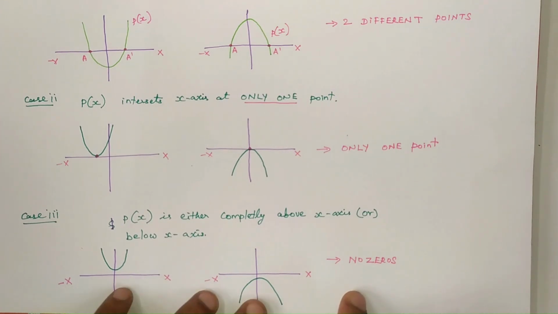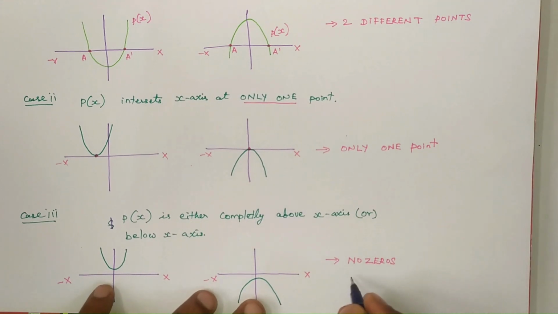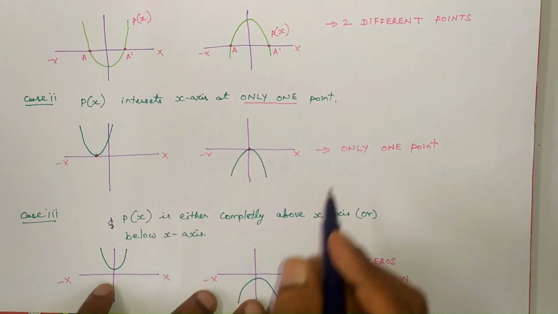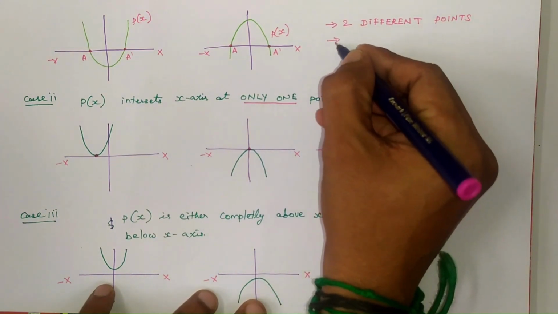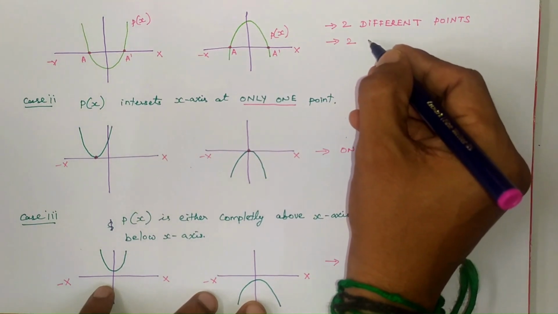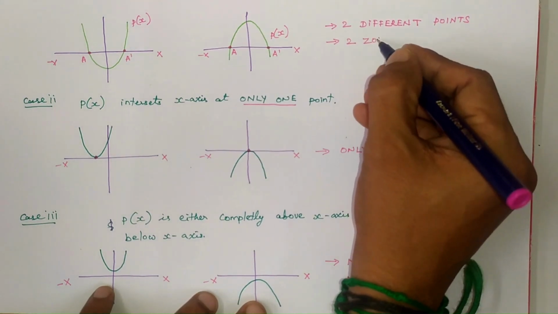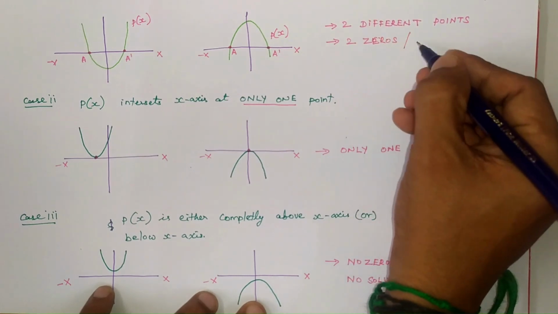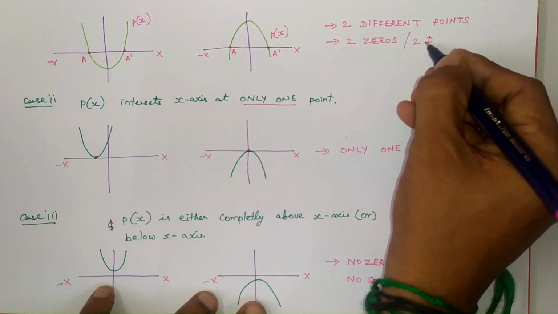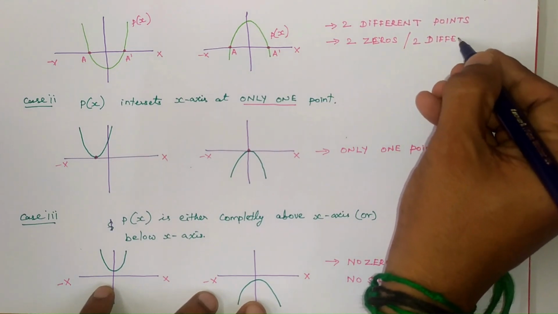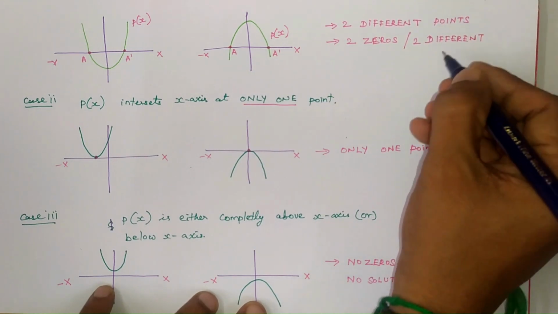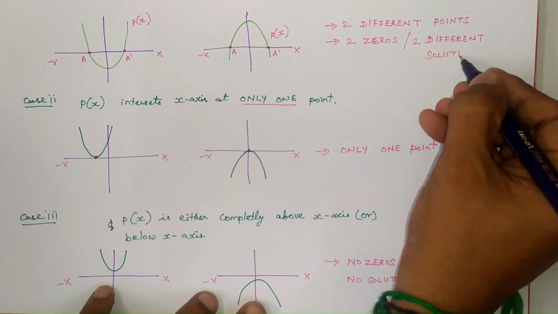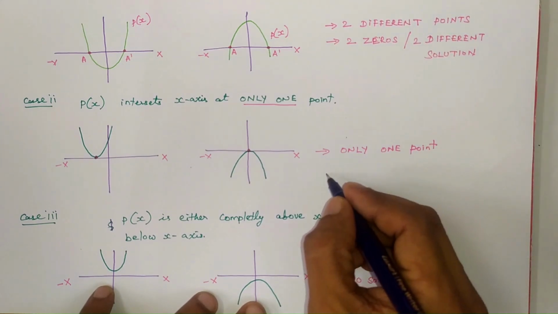So there is no zero for the polynomial. That means there is no solution. Two different points means we have two zeros, that is two different solutions. Here we have only one zero.